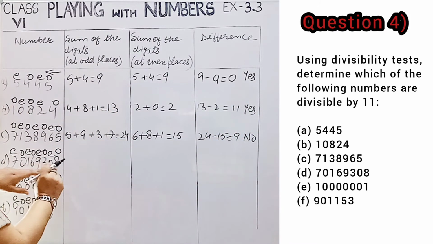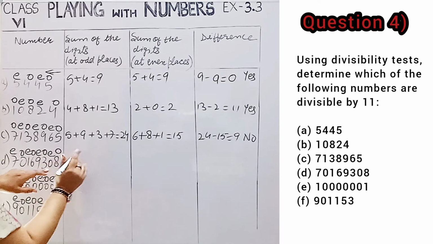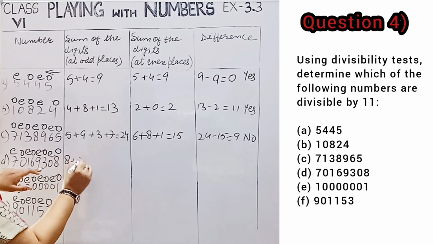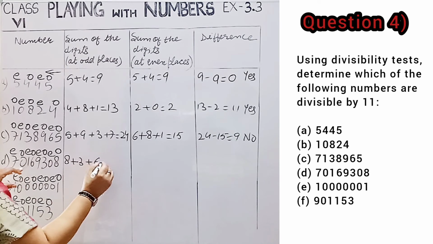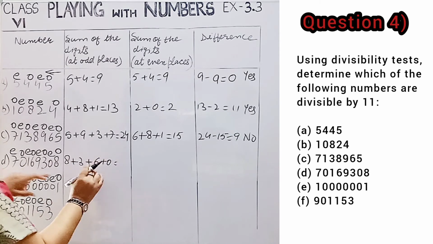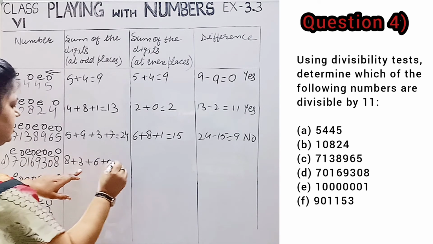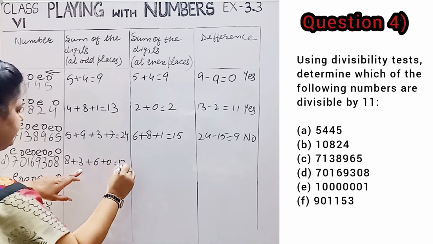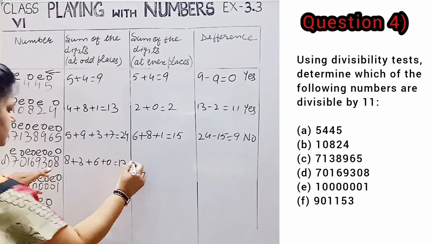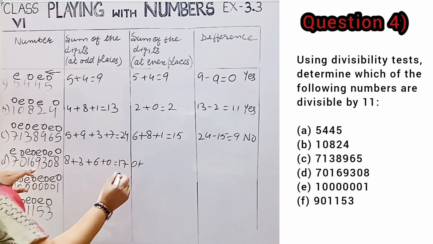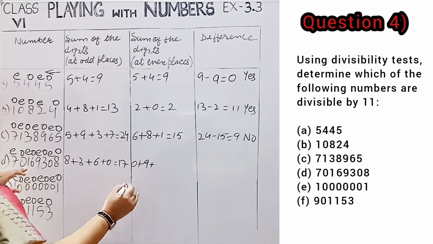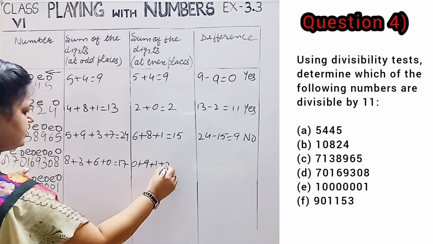Now here D part. Odd places 8 plus 3 plus 6 plus 0. 6, 3, 9, 9 and 8, 17. Even places 0 plus 9 plus 1 plus 7.